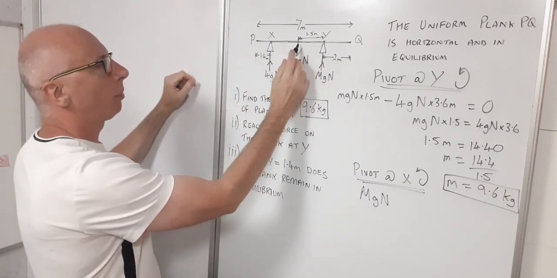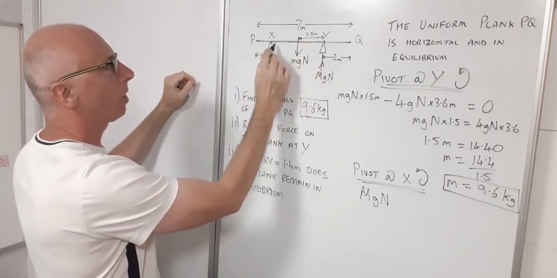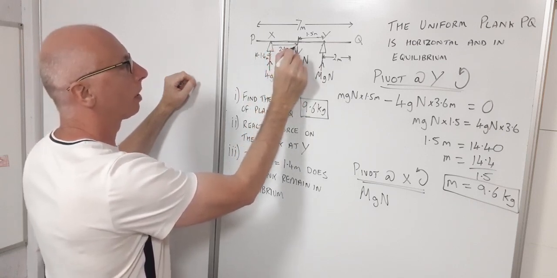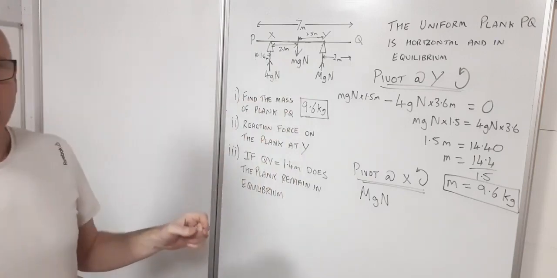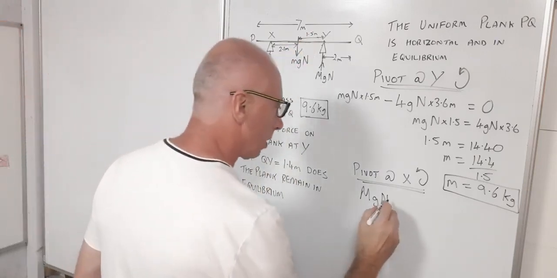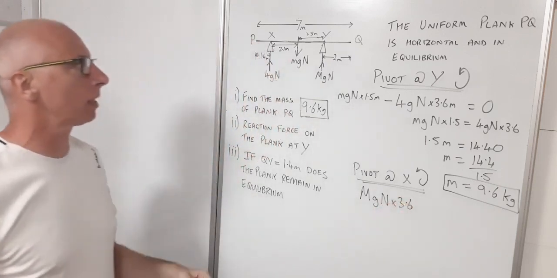Well, we know this bit's 1.5, so if this is 3.5, we're left with 2.1 meters to go along this part. So 2.1 meters, and then plus this, that gives me 3.6. So Mg newtons times 3.6, in meters.